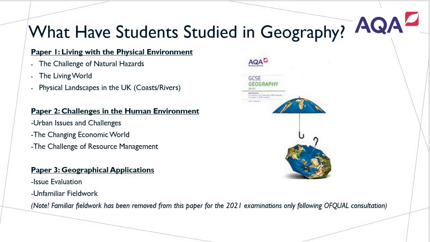So with that in mind, students are now going to have a shorter Paper 3 exam that just consists of focusing on answering exam questions on the issue booklet, the small information booklet, and unfamiliar fieldwork. They will no longer be required for this particular year to go out and collect their own fieldwork and write that up in their exam.